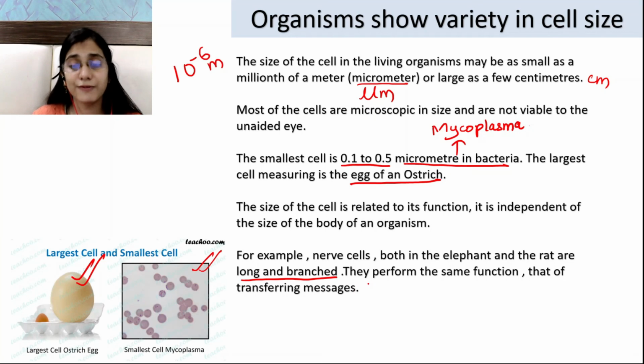They perform the same function, the transferring of messages. For example, when I touch a hot pan, my cells send the message to the brain that this is hot, and then the brain sends back the message: it is hot, move your hand. So this works very fast.